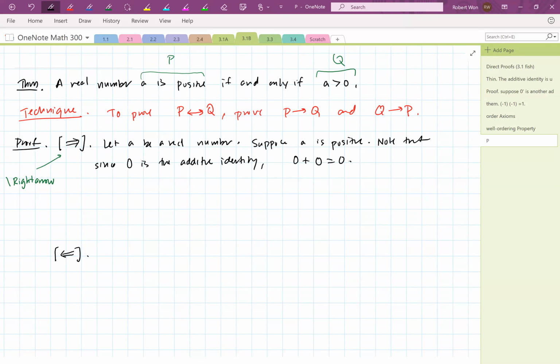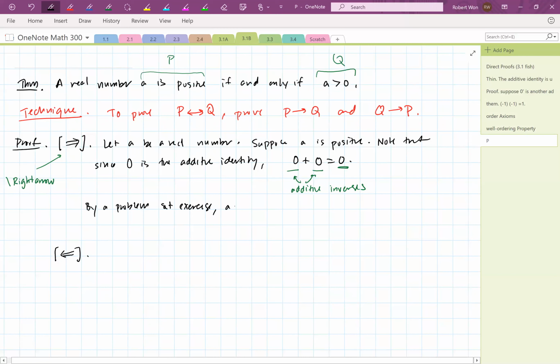Because this is something plus something equals 0, this means that these two things must be additive inverses. Have I proven that additive inverses are unique yet? Maybe not. Maybe I need to put this on the homework. Okay, so I need to put this on the homework. So by a problem set exercise, additive inverses are unique.